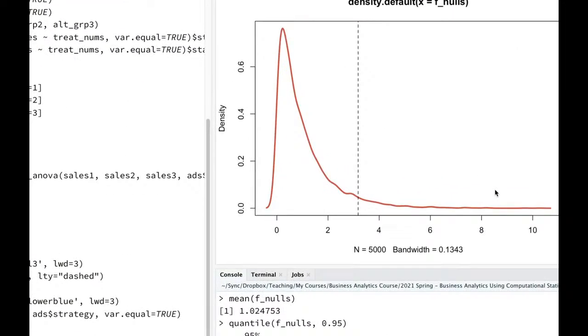So if the 3 treatments are not the same, I should expect alternative values close to this peak or close to about 1. The mean will be 1. If my alternative value is greater than this 95%, then I should reject it.